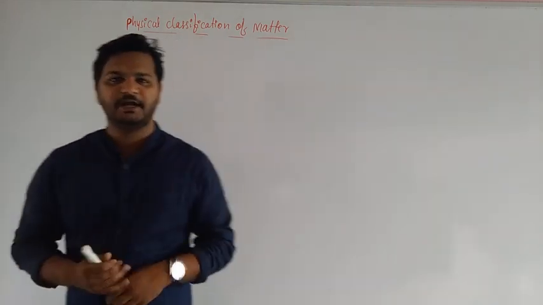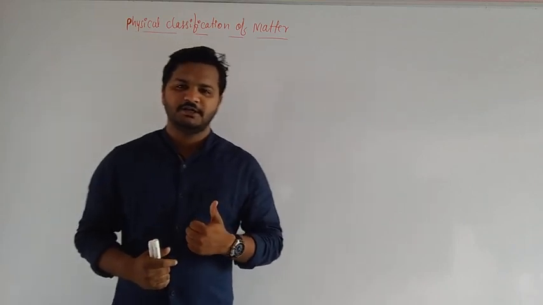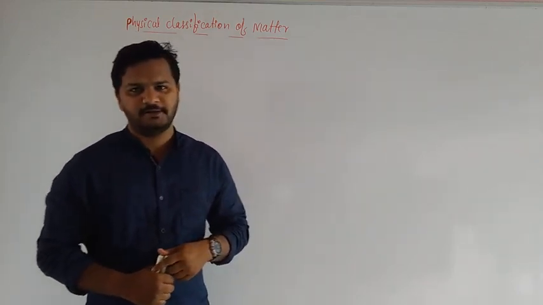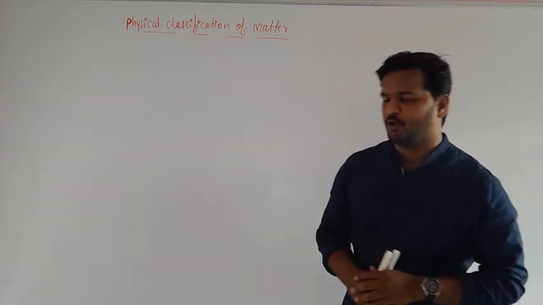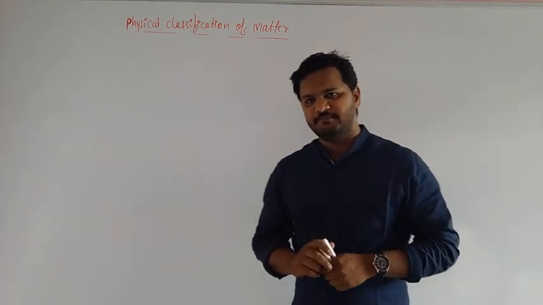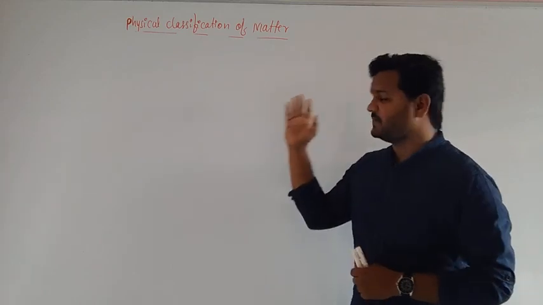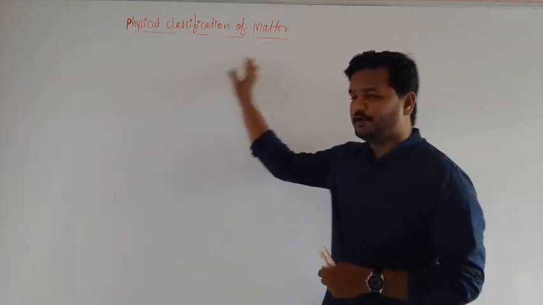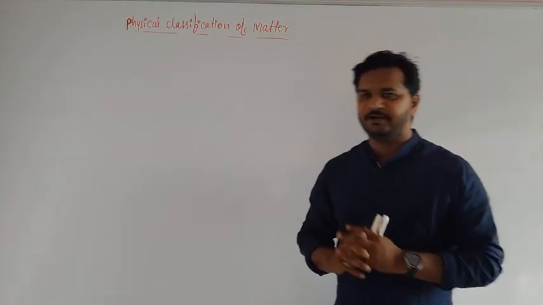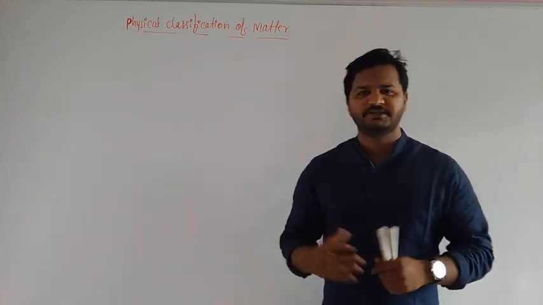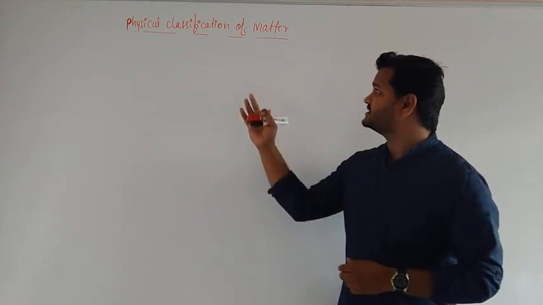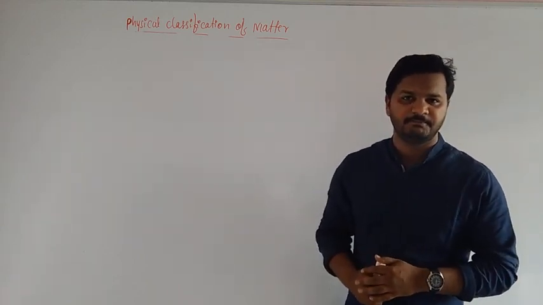Matters are classified into mainly two types. First one is physical classification of matter and second one is chemical classification of matter. In the last class we learned the physical classification of matter. How many physical classifications of matter are there?